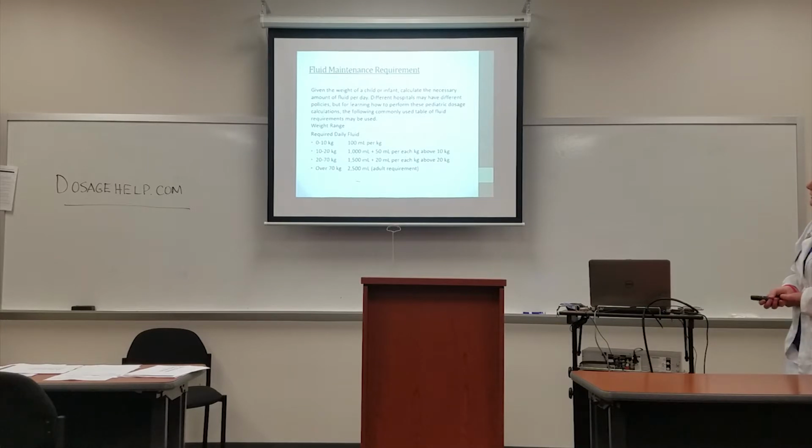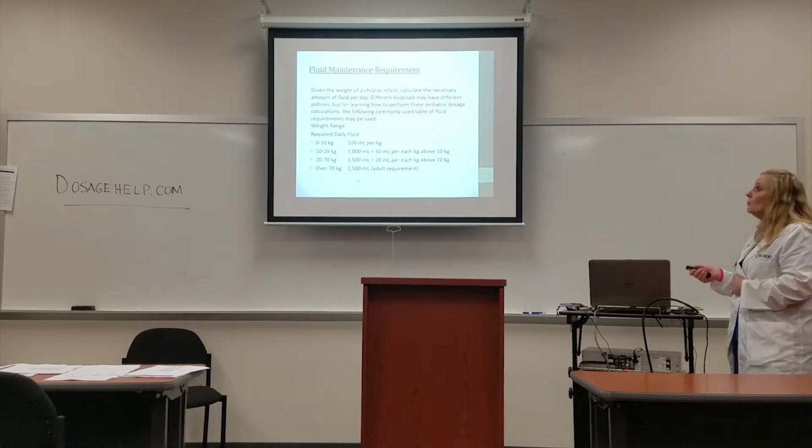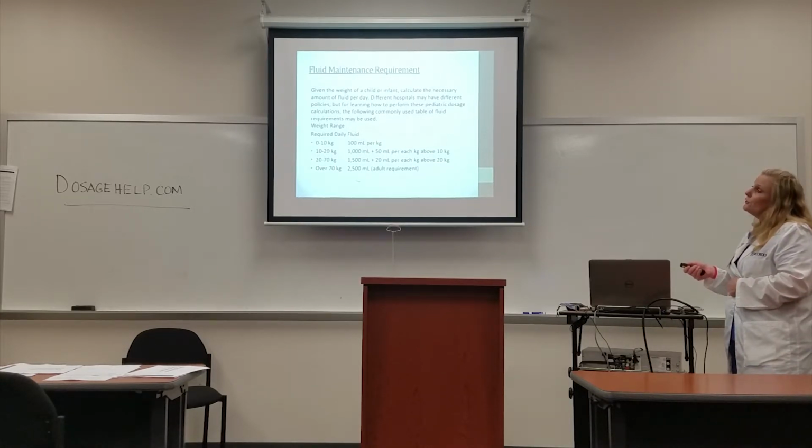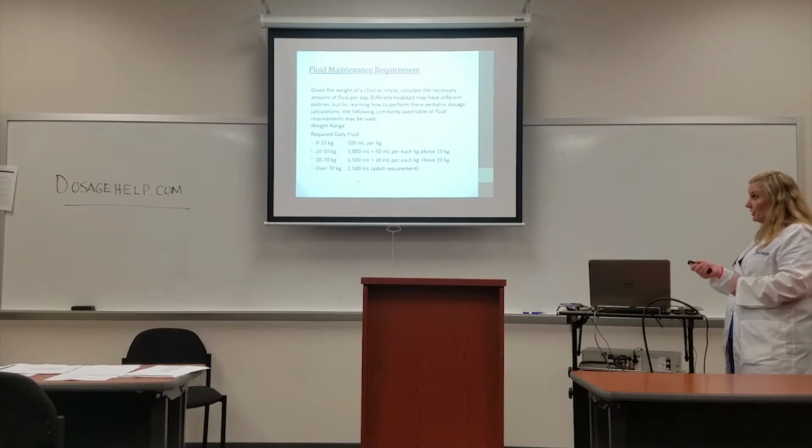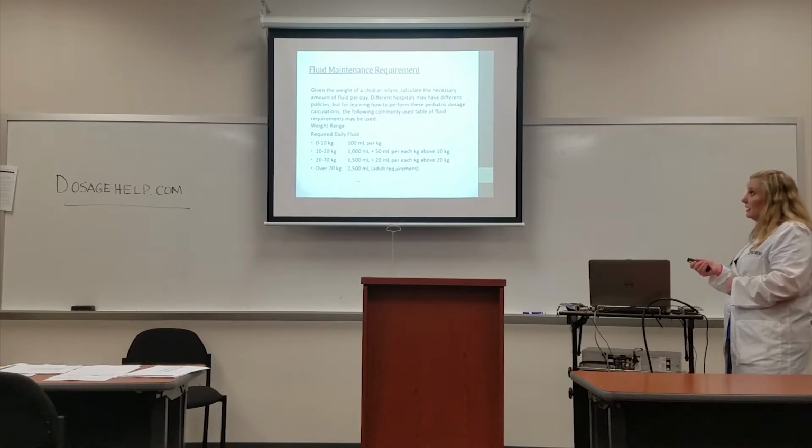So 0 to 10 kilograms is 100 ml per kilogram. And then you can just go down: 10 to 20 is 1,000 plus 50 per each kilogram above 10 kilograms. 20 to 70 is 1,500 plus 20 per each kilogram above 20 kilograms.